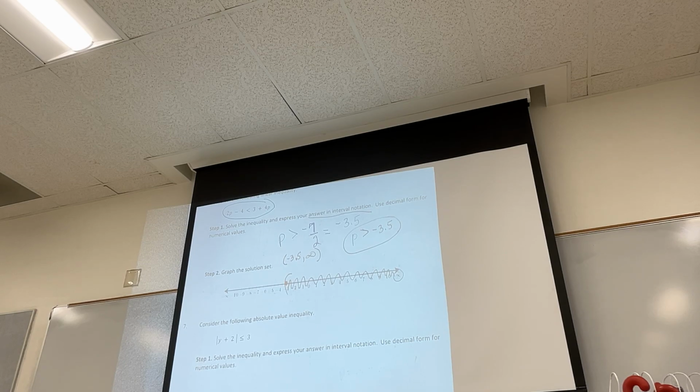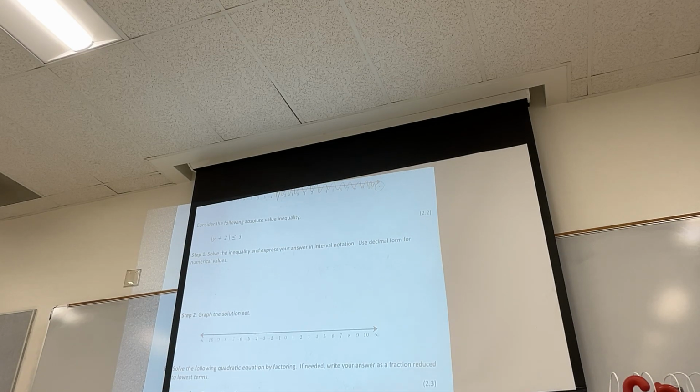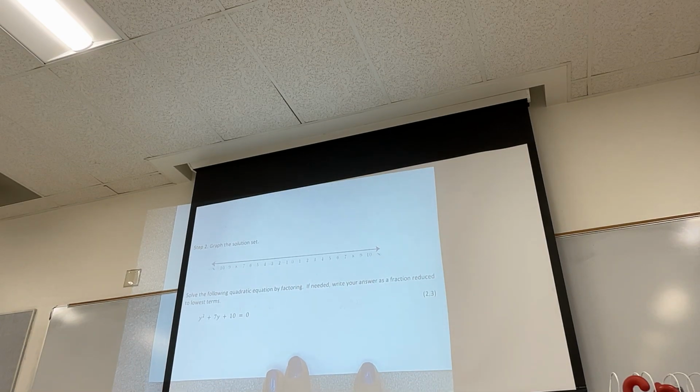Y squared plus 7y plus 10 equals 0. Let's read the directions. What is 8 asking? Solve the following quadratic equation by factoring. If you get a fraction, we have to do what?